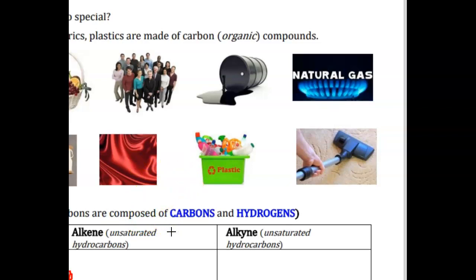So you can see only single bonds in this compound. This is an alkane. This is a way to show its structure, and of course you can show this as a molecular formula, C3H8.